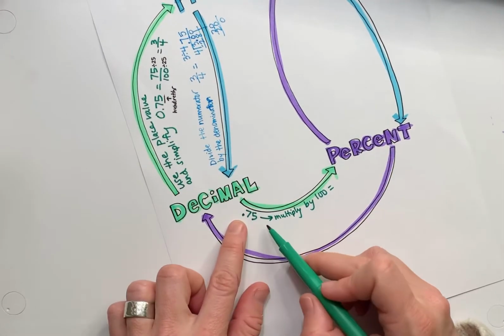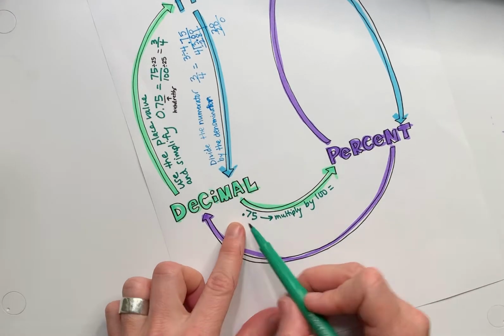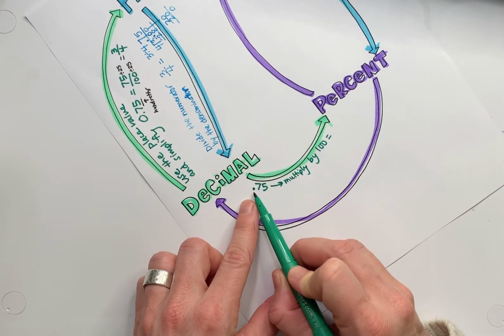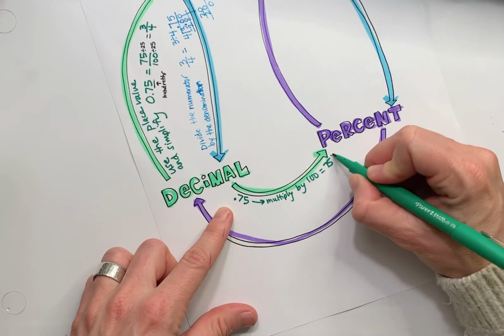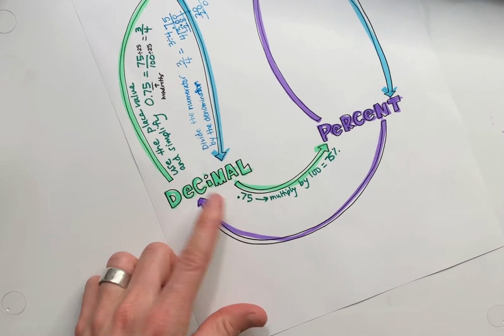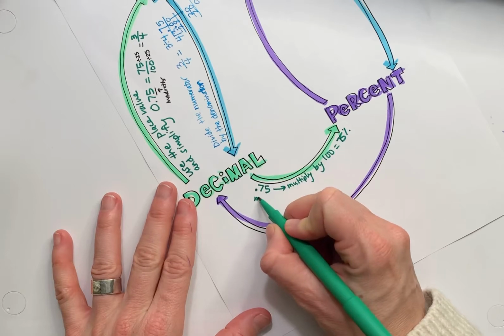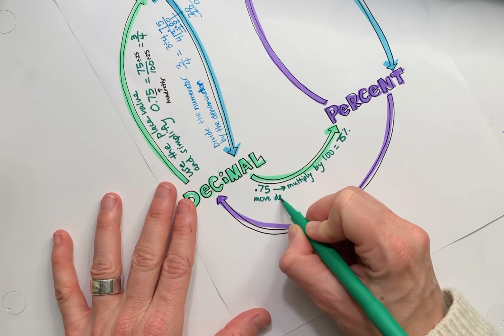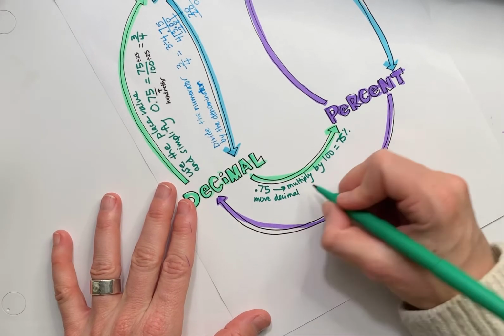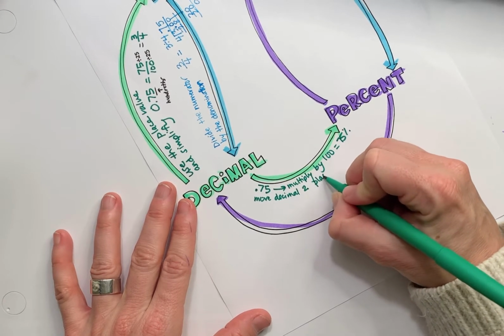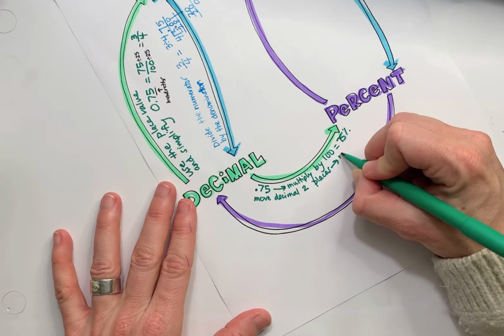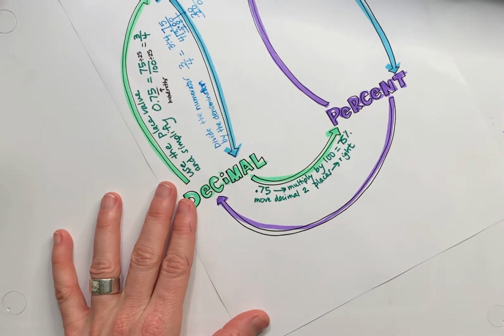So 0.75 times 100, in essence, you move your decimal point over 2 places, 1, 2, and you now have 75%. So move the decimal 2 places right. All right.